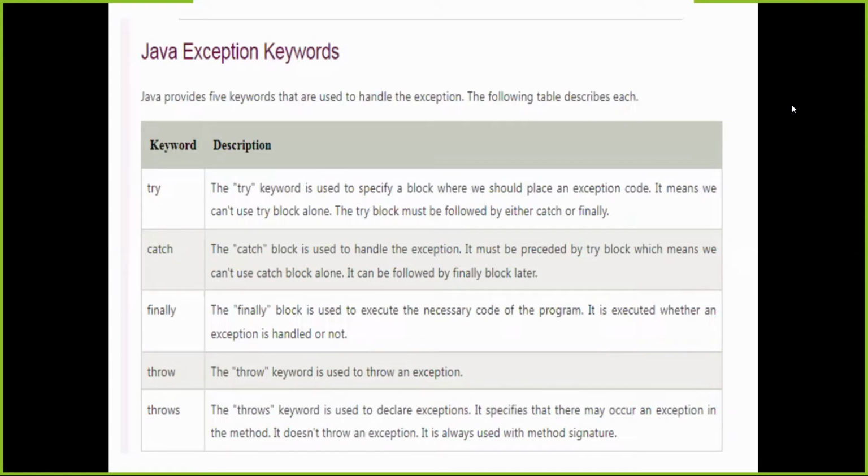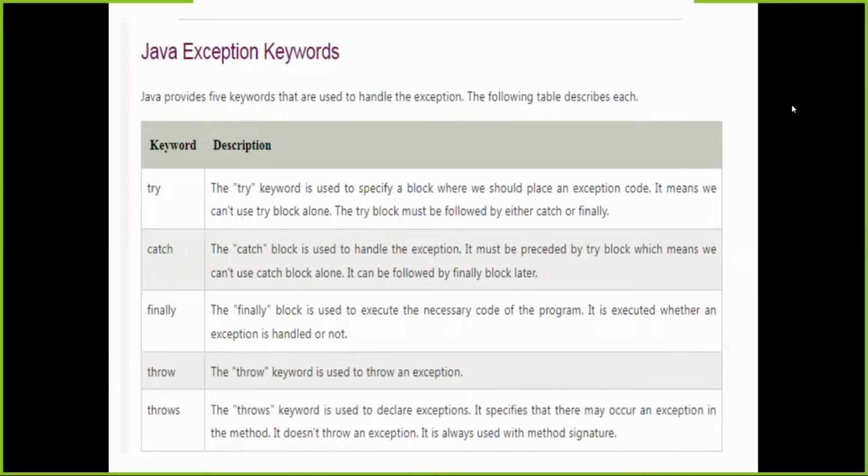Then there is a throw keyword. Now see this throw and throws work differently in Java. So whenever you use it, properly use it. The throw keyword is used to throw an exception. When the user explicitly throws an exception, then throw keyword is used.